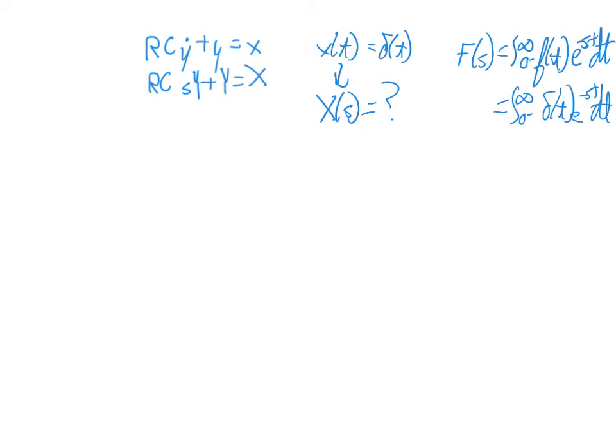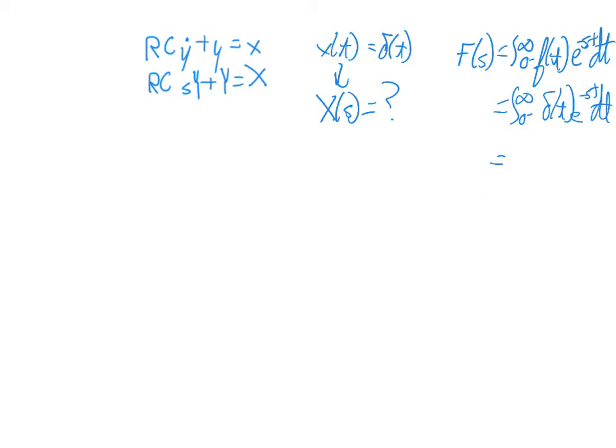And now, as we evaluate this Laplace transform, we apply the sampling theorem. The sampling theorem says when you integrate over the delta, since that delta zeroes out the integrand almost everywhere, the only place we care about it is when t equals 0.